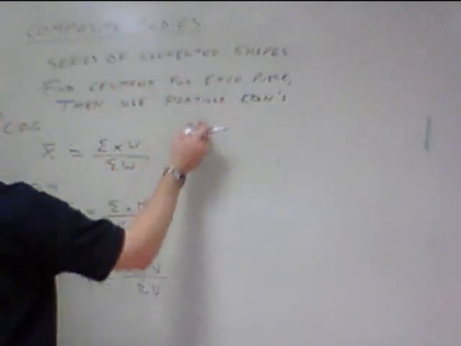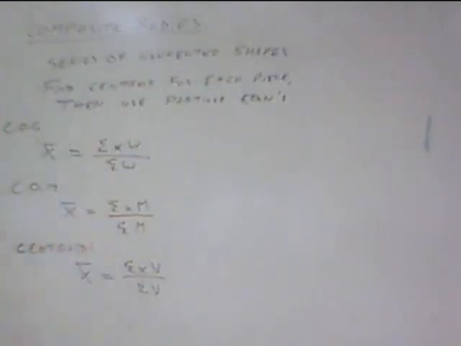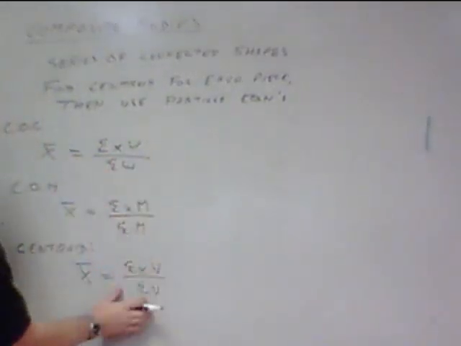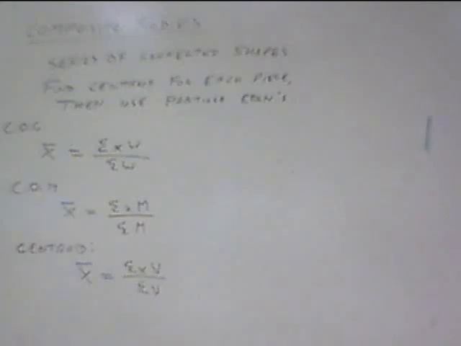So we find the centroid or the center of mass, center of gravity, and then using each of those pieces, we plug them into the particle equations and are able to combine them. And the particle equations are essentially just a weighted average, which you'll see when we get through the first example.